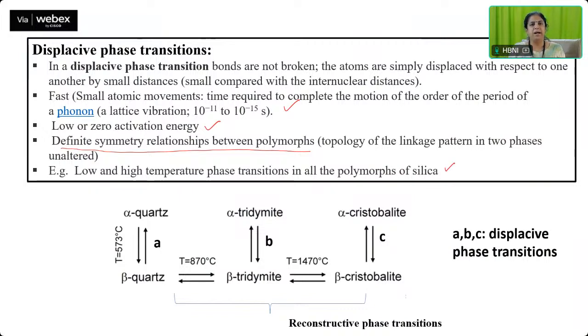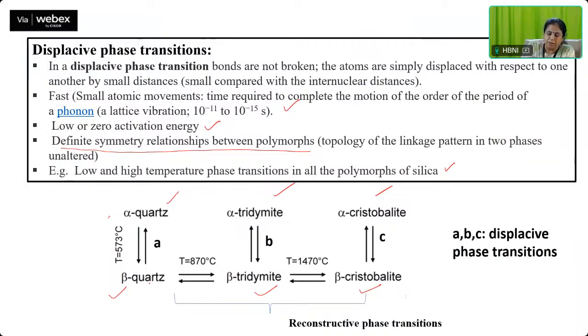An example is the low or high temperature phase transition in all the polymorphs of silica. What does it mean? As I told you, silica has three polymorphs: quartz, tridymite, cristobalite. Their alpha form transforms to beta quartz, beta tridymite, beta cristobalite.